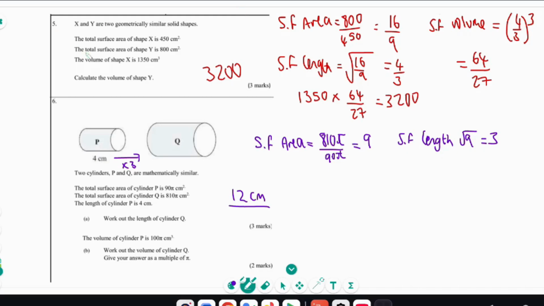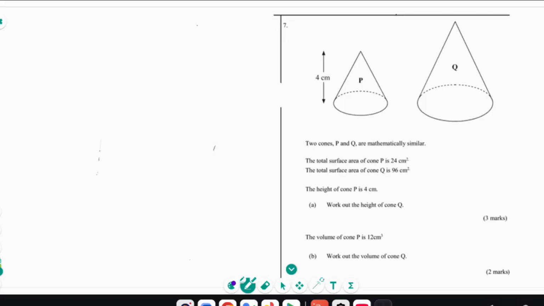And we're given the volume of P is 100 pi. Work out the volume of Q in terms of pi. We want a scale factor for volume, so let's cube our scale factor for length, 27. So 100 pi times 27, 2,700 pi.